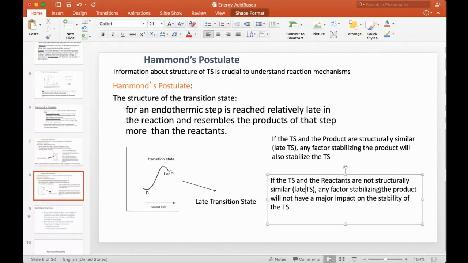So any factor stabilizing the reactant will not have a major impact on the transition state. Summary: exothermic steps have an early transition state, structurally similar to the reactant; endothermic steps have a late transition state, structurally similar to the product.